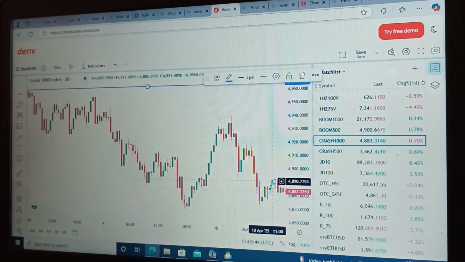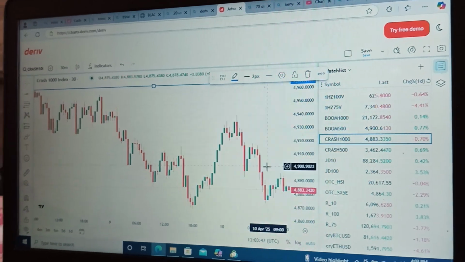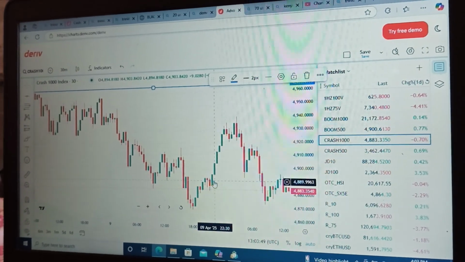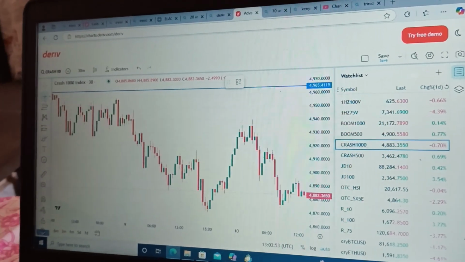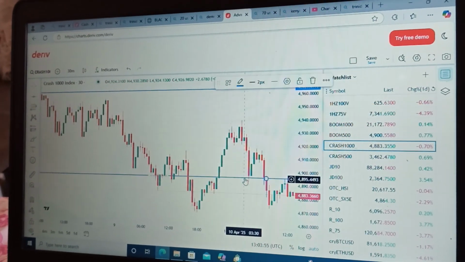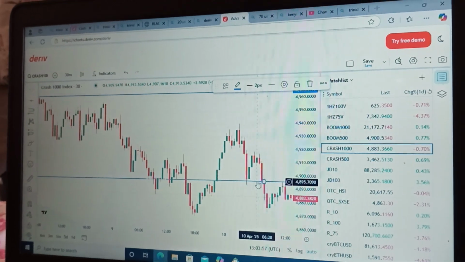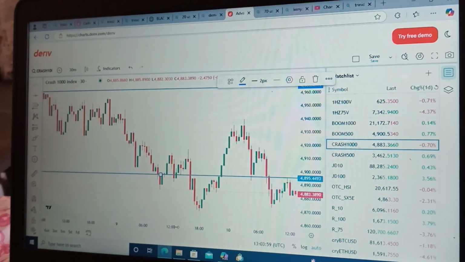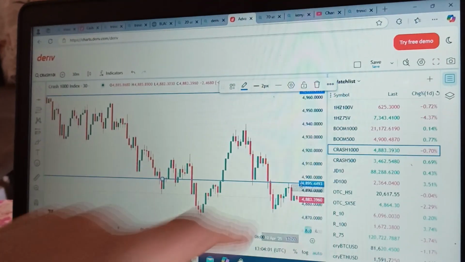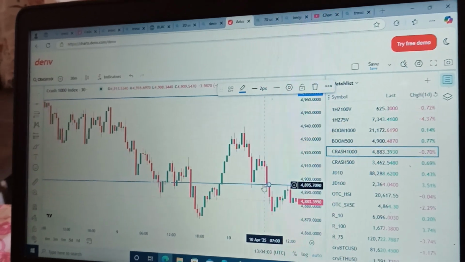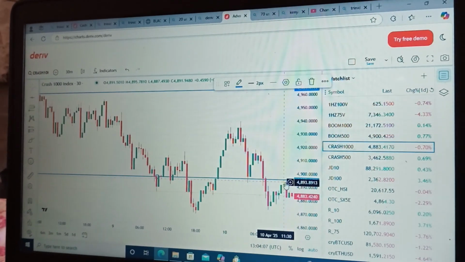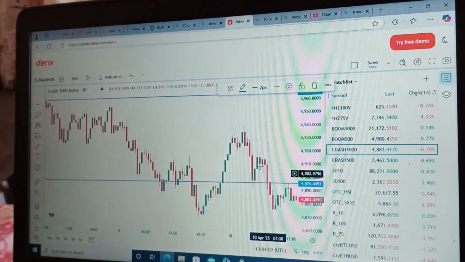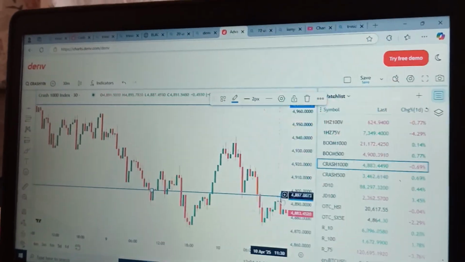See this golden indecision candle, and it's on a key level. The key level is this on the 30 minutes. Let me draw my level here. That's the level 48.95. So once the market comes to this level, anyone who was in the market at that point could have entered the market.